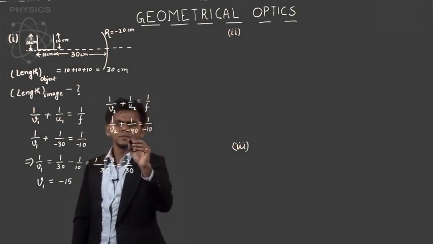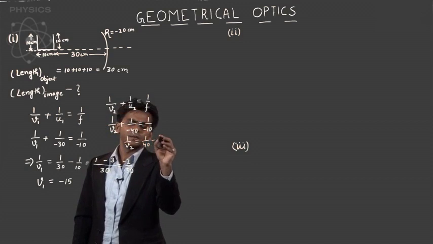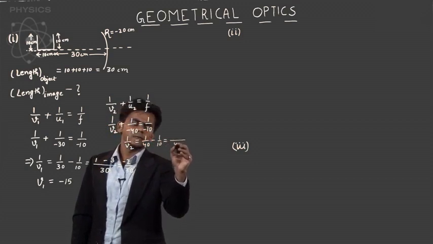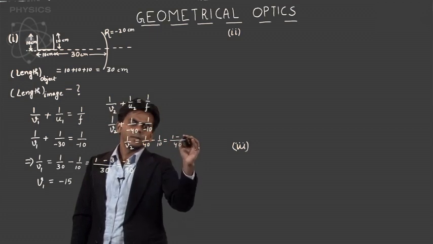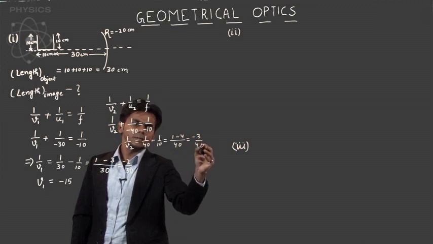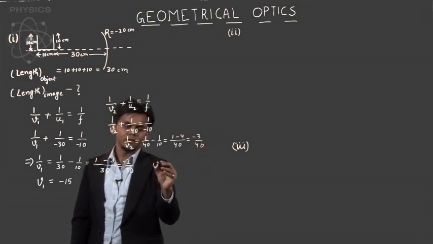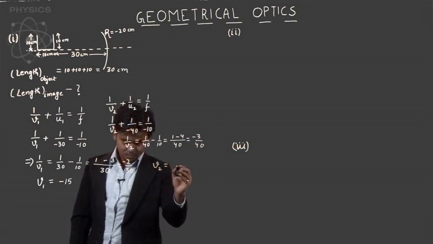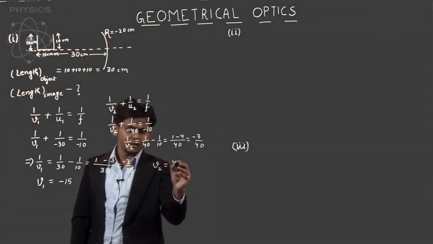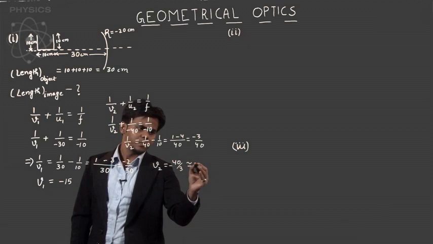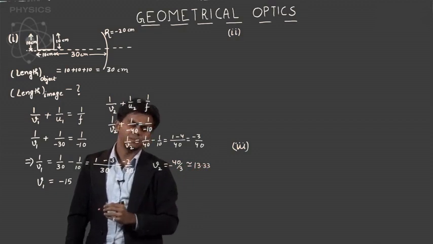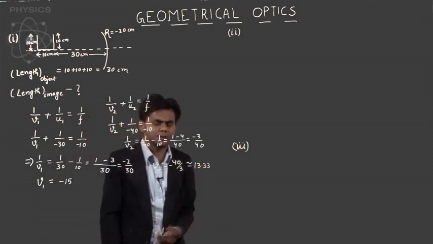This gives you 1 by V2 as 1 by 40 minus 1 by 10, which is 1 minus 4, which is minus 3 upon 40. Inverted, you'll get V2 as 40 by 3 with a negative sign. This is roughly equal to 13.33.